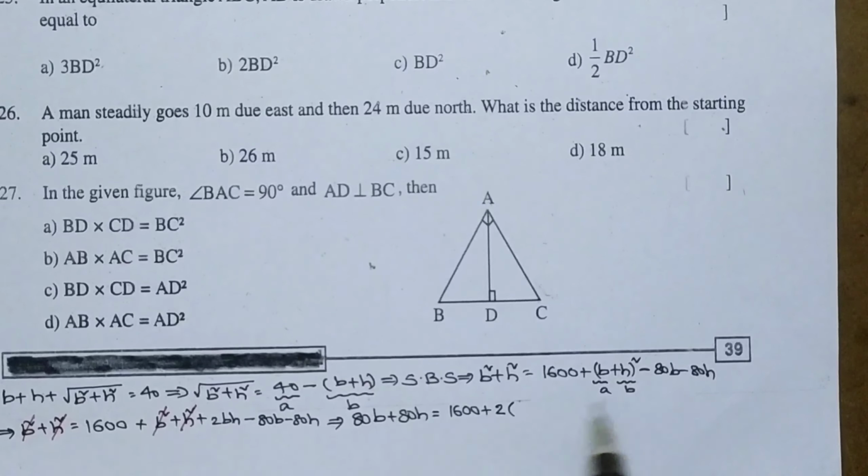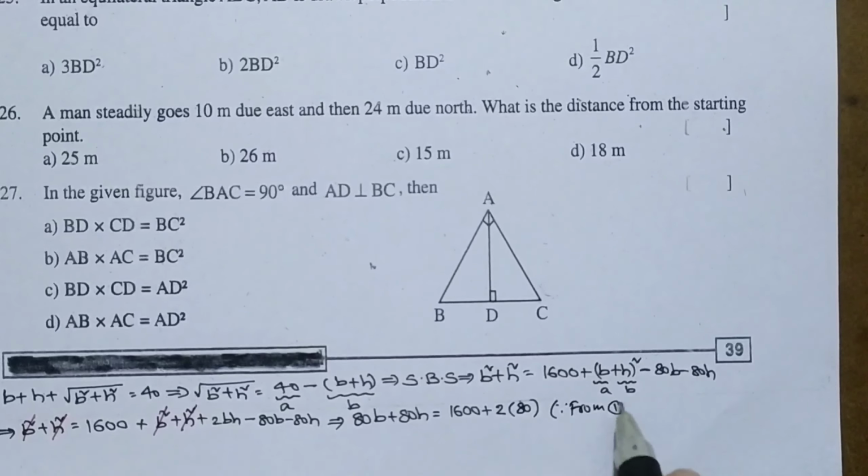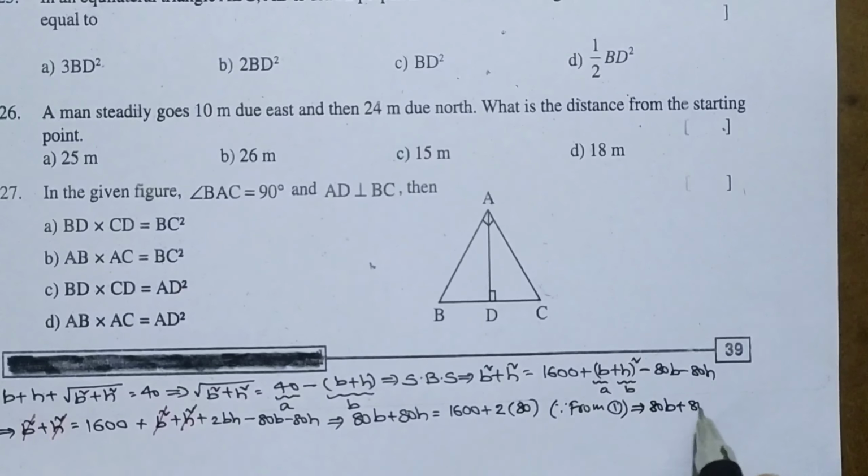In place of bh I am writing 80, since already we have from equation 1 that bh is 80. Now simplify further: 80b plus 80h is equal to 1600 plus 160, so 1760.